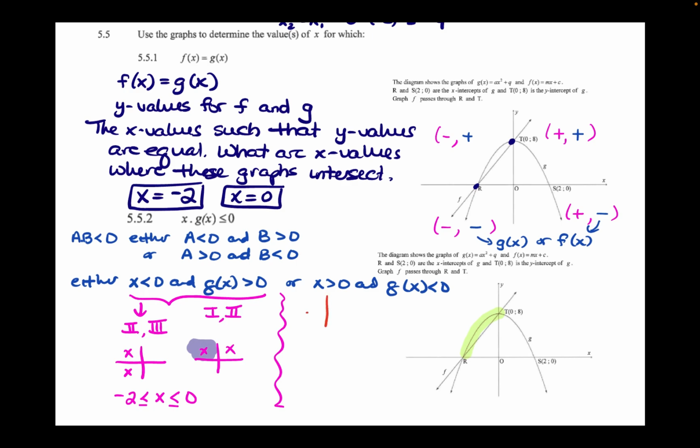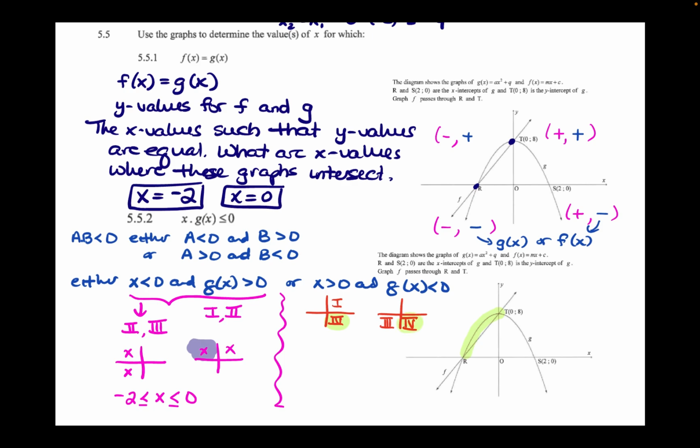All right, now the second part, x is greater than 0 in quadrants 1 and 4, and g of x is less than 0 in quadrants 3 and 4. So those overlap in quadrant 4.